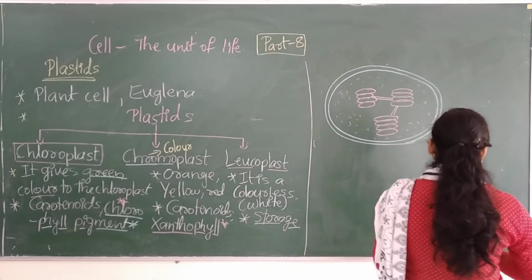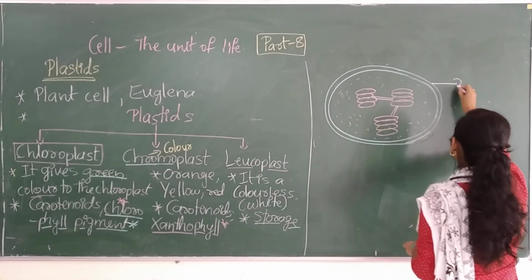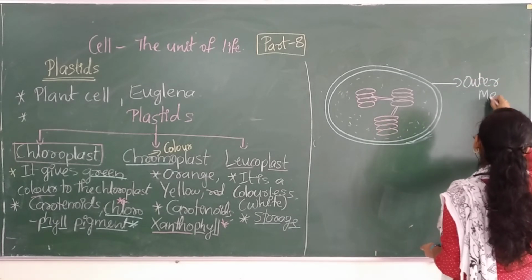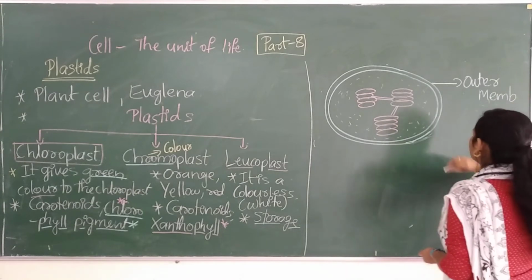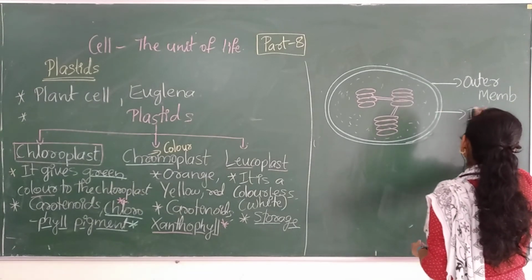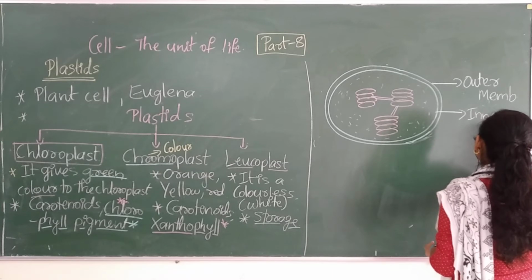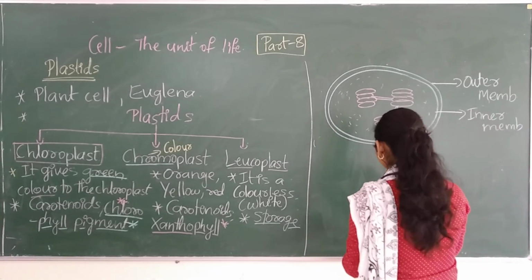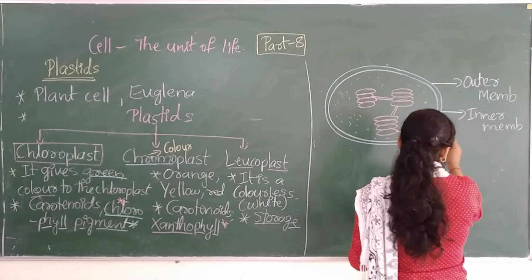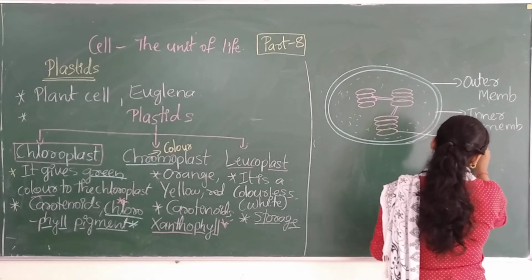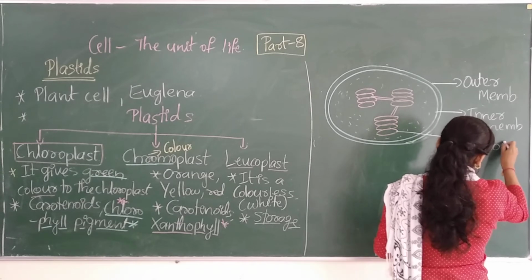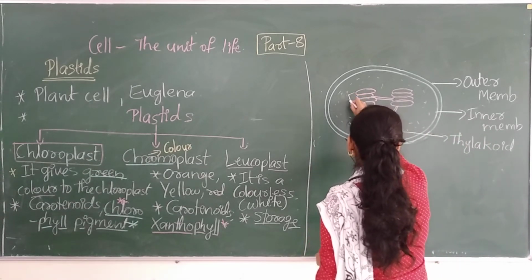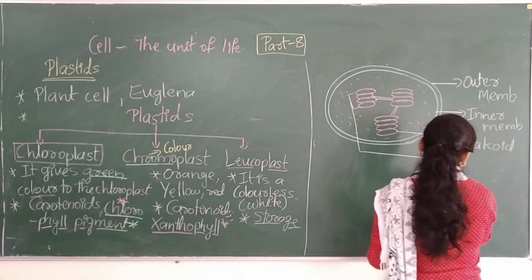This one will be your outer membrane. This one will be your inner membrane. This structure we call thylakoid, and this whole structure we call grana.